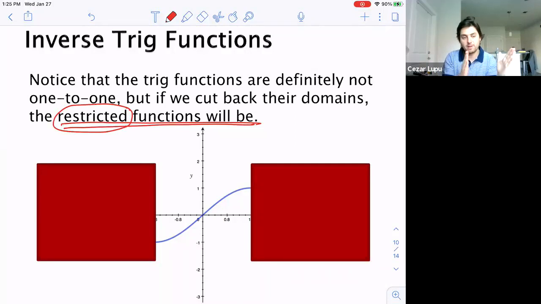Or if you restrict it separately to the negative side, it will be one-to-one. But if you want to glue both of them together, the negative and the positive side, it won't be. As we have seen, if you take the numbers -2 and 2, f of -2 is the same as f of 2. They're both 4. But 2 and -2 are not the same. So therefore, the function is not one-to-one. So there is no way you will find the inverse of f of x equals x squared on the entire real line.